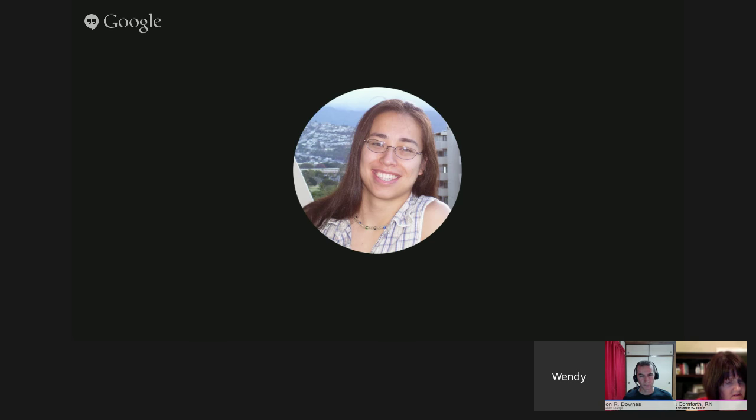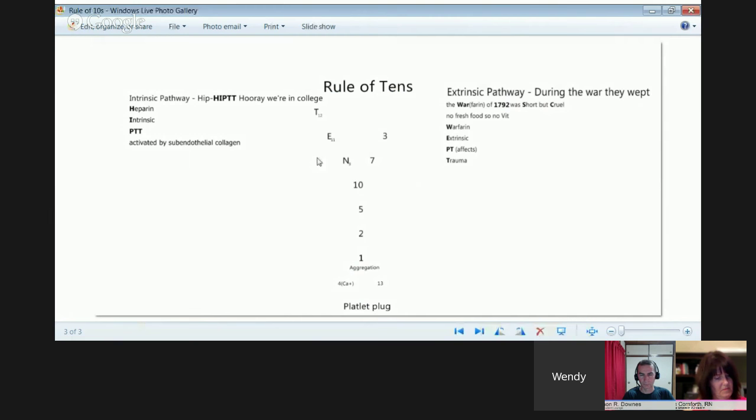I'm not exactly sure why I can't, but apparently I can't. So what is not written here is that factor 8 enhances factor 9 activity.